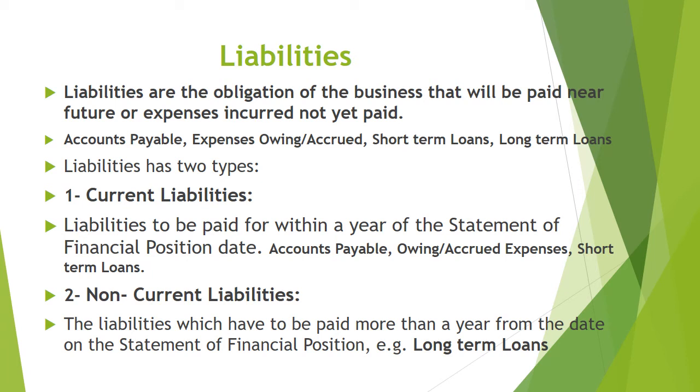First, current liabilities, to be paid within a year of the statement of financial position date: accounts payable, owing or accrued expenses, short-term loans. These are all called current liabilities. And non-current liabilities are the liabilities which have to be paid more than a year from the date of the statement of financial position, e.g. long-term loans.